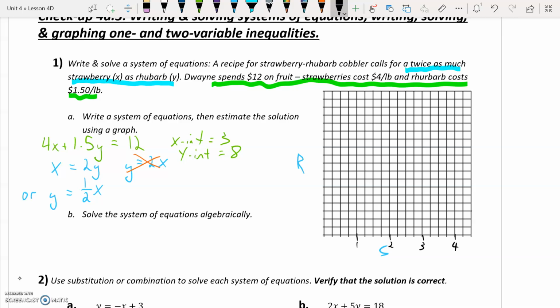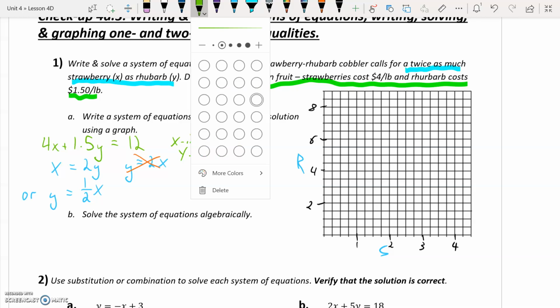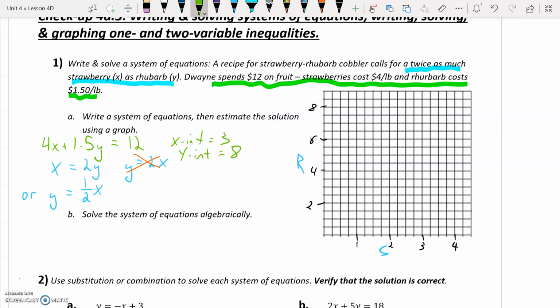Now on the rhubarb side, I counted by half pounds. So this would be 2 pounds, 4 pounds, 6 pounds, 8 pounds.